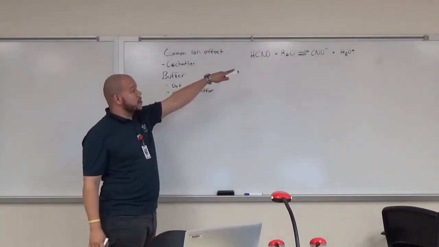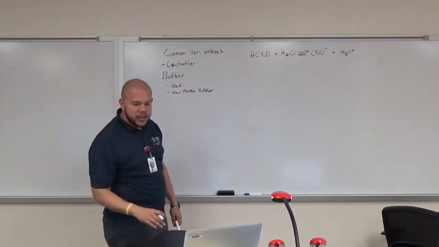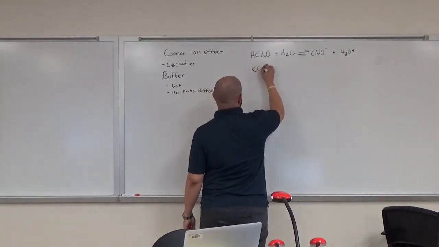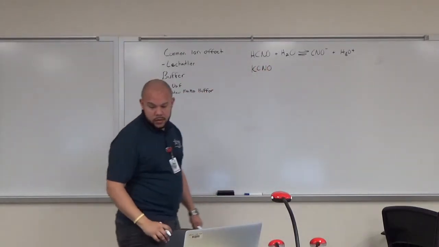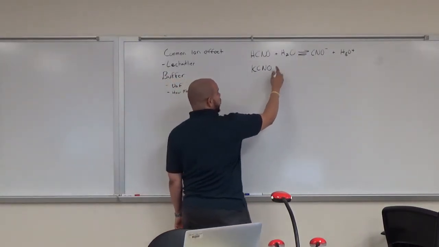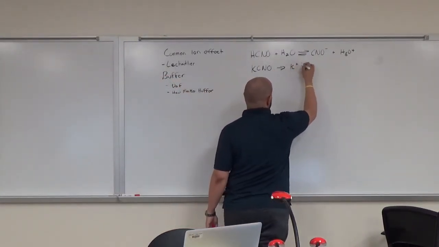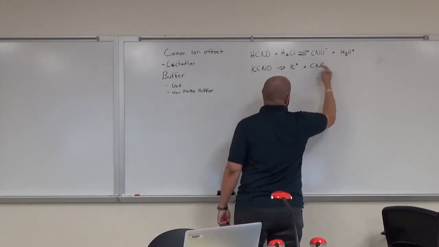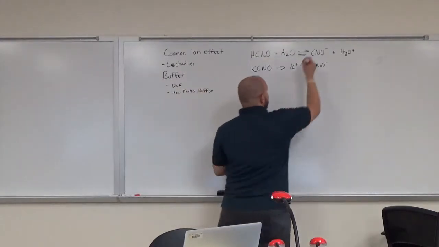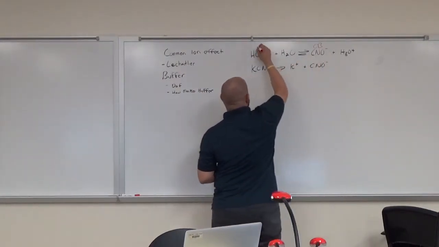So this is the chemical equilibrium. We are saying in the problem that we are going to be adding KCNO, potassium cyanate, and therefore this is going to dissociate in solution to form a common ion, which is the conjugate base. Remember, we still need to make sure that we can write that.